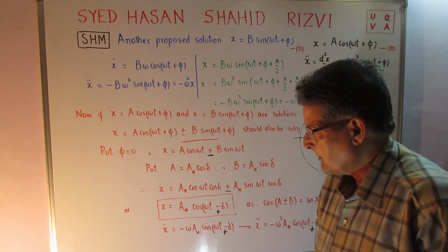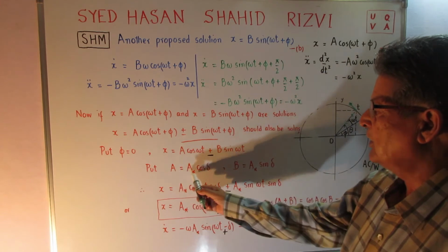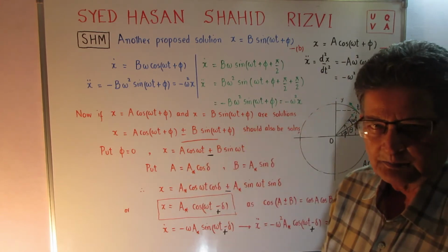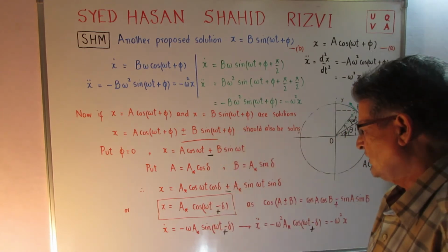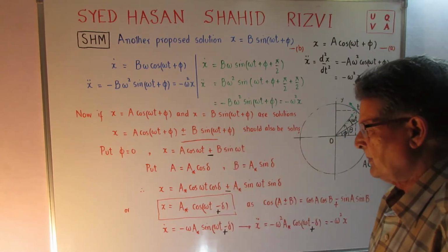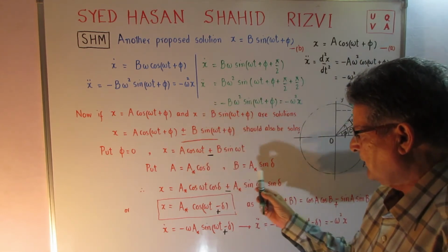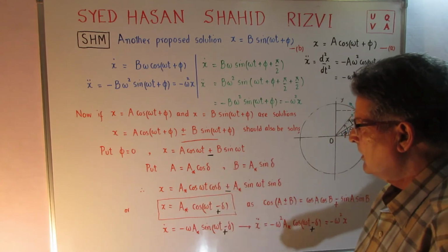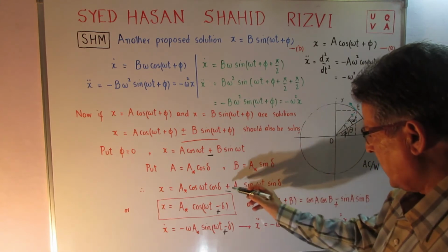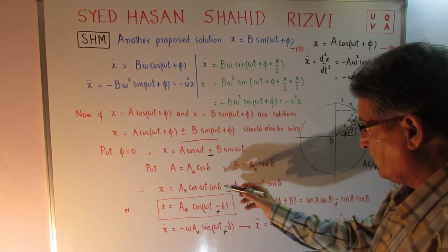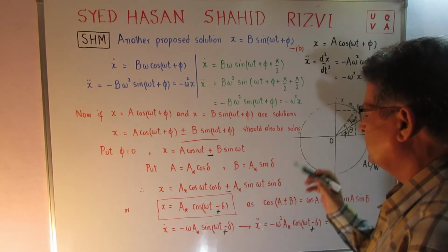Now, let us do a small jugglery and put a is equal to a star cos of delta, where delta is a constant, a star is also a constant, and b is equal to a star sine of delta. When I substitute these values for a and b respectively, what do I get? A star cos of omega t into cos of delta, plus, I am taking only the plus sign, a star sine of omega t sine of delta.